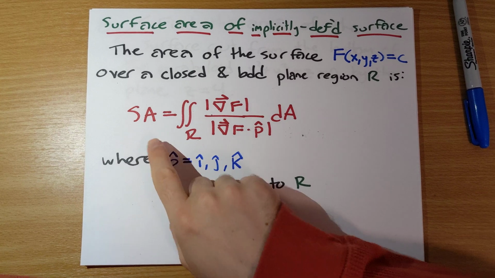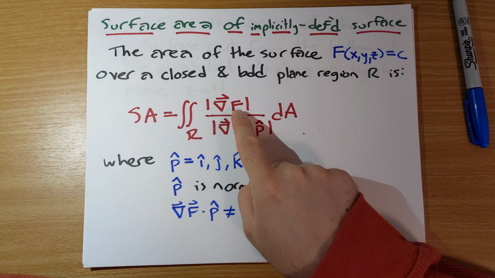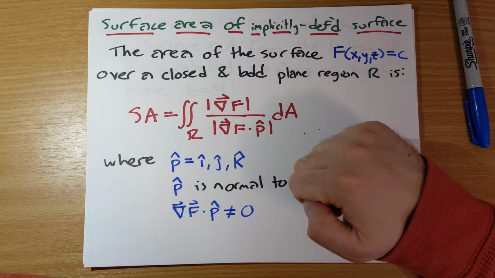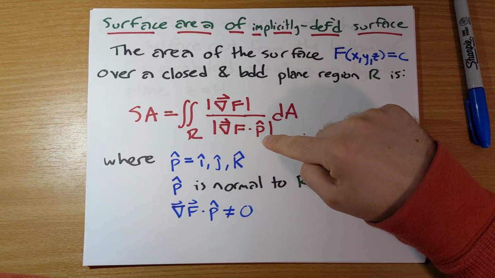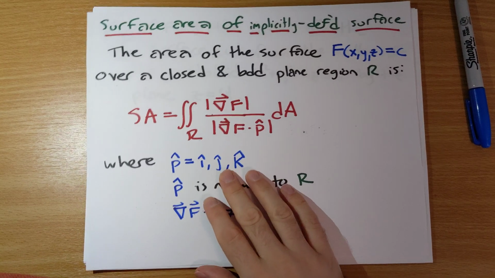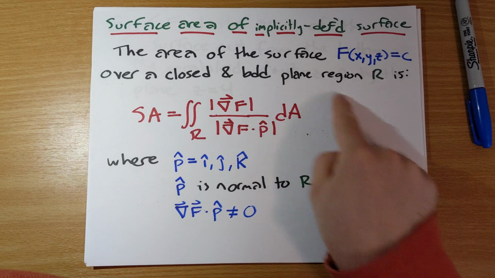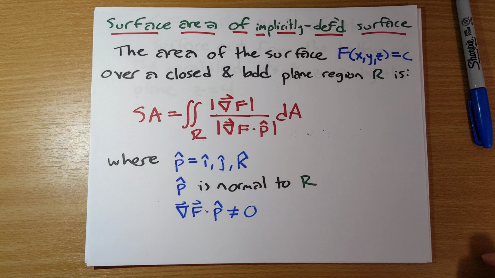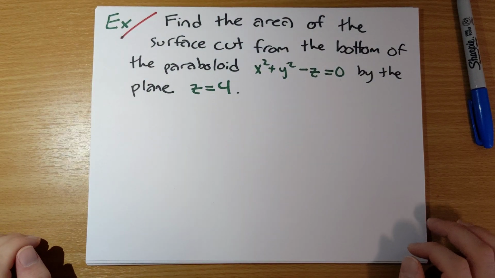So the surface area is the double integral over R of the magnitude of the gradient f of this function of three variables, over the absolute value of the gradient f dot p, where p is one of i hat, j hat, k hat. P needs to be normal to our plane region, and we don't want to divide by 0 here. This might seem complicated, but let's do an example that hopefully will illustrate what's going on here.